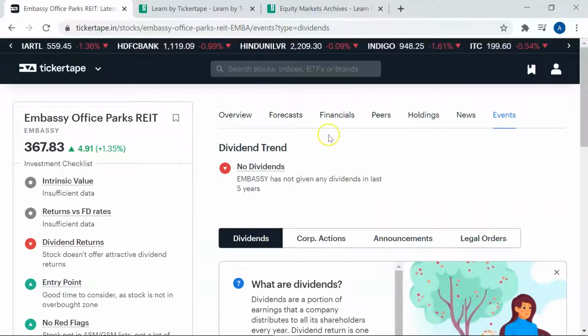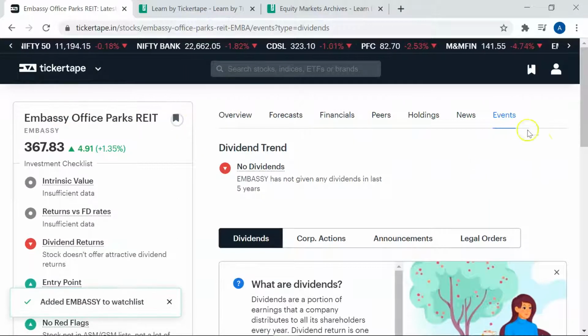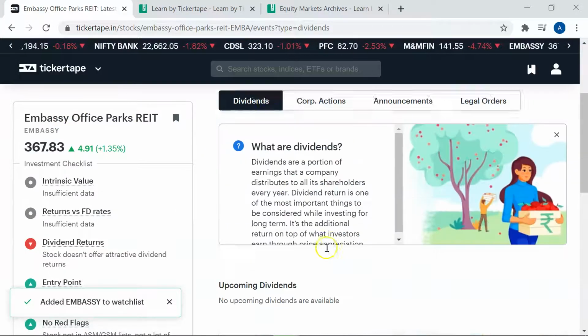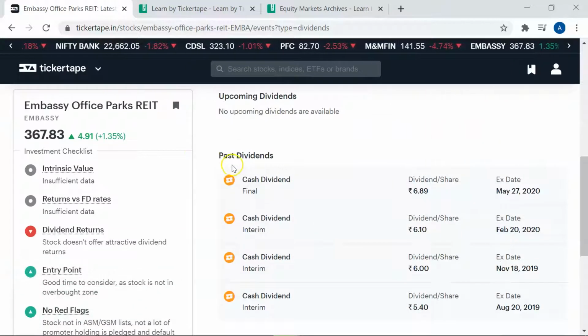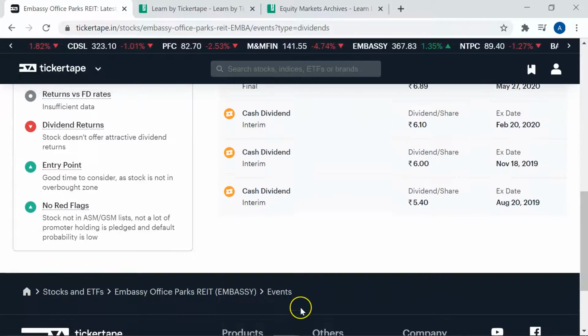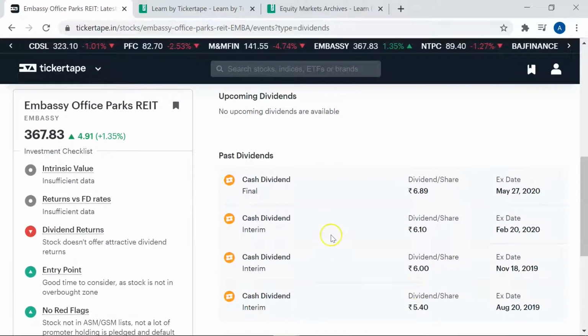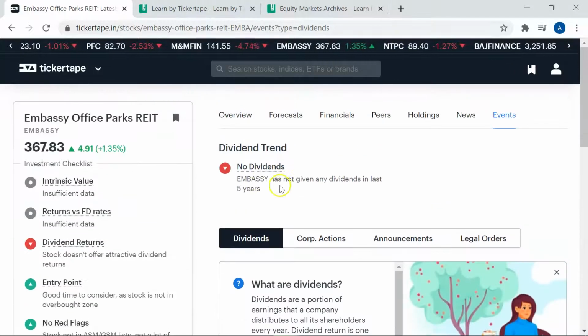One more thing, once you come to the Embassy Office Parks REIT page, you go to the events, go to the dividends, you scroll down. Here there is one more table called past dividends. It will show the past dividends issued by this company. So if you scroll up, it is telling Embassy has not given any dividend in the last 5 years.